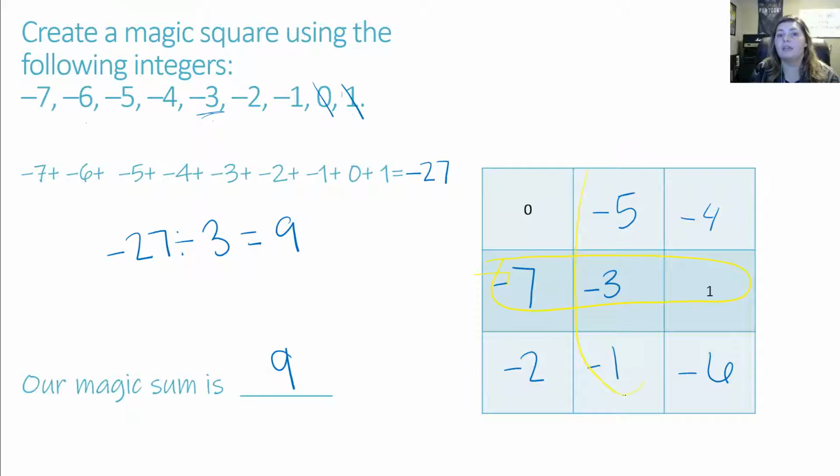Every single way that we go, it has to equal 9. And if it does, then that is our magic square. If not, then the equation just might not be solvable, or we might have a number in wrong. So with that being said, I think that concludes our presentation.